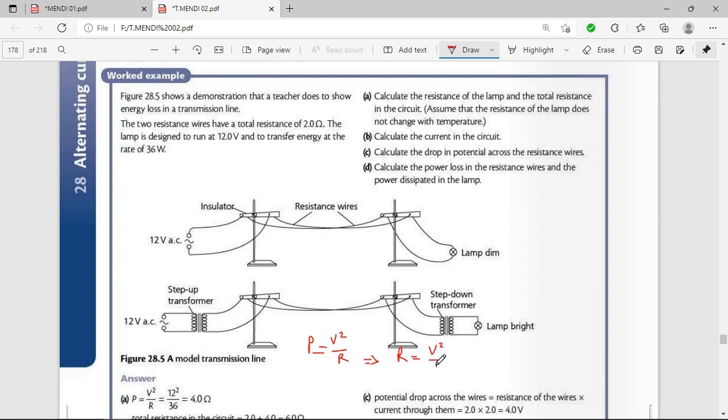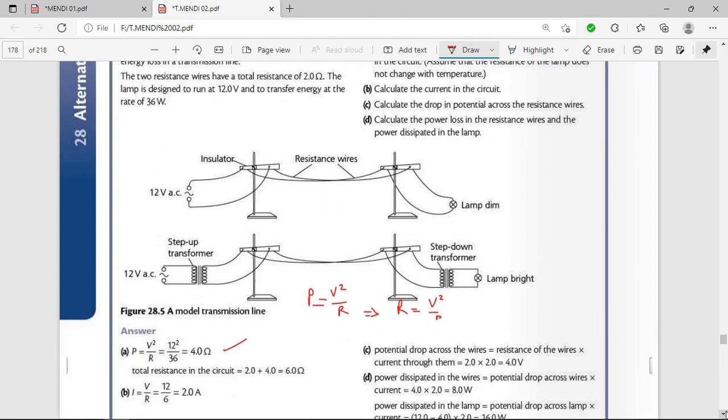So as you can see, our voltage is 12 and our power is 36. So we are going to have a resistance of what? Of 4 ohms. So the total resistance in the circuit is the total resistance of the wires plus 4, which is 6 ohms.